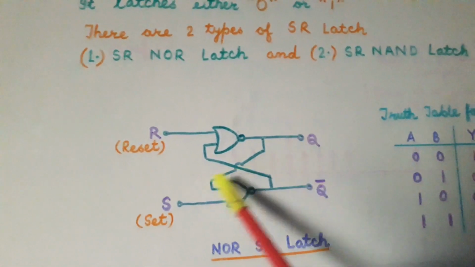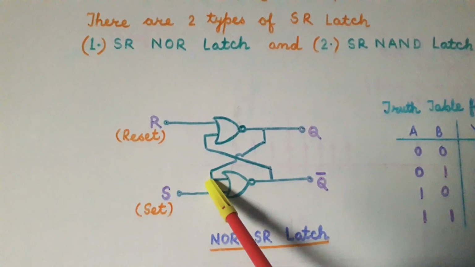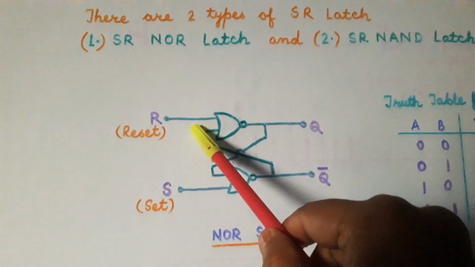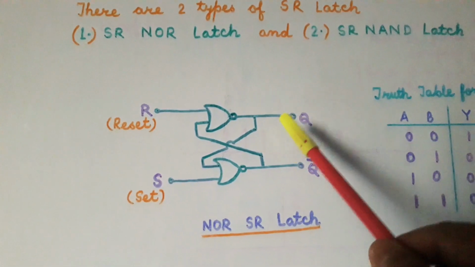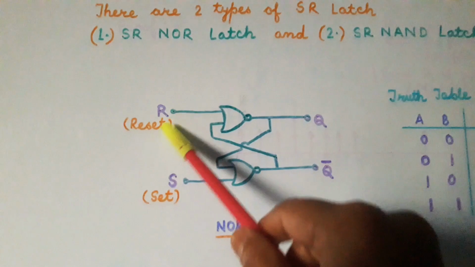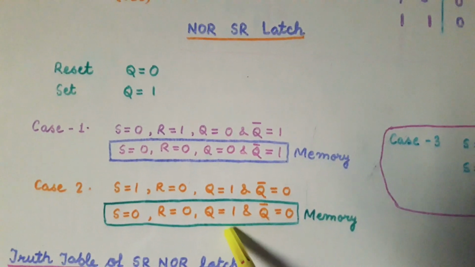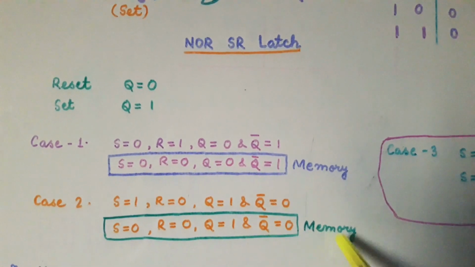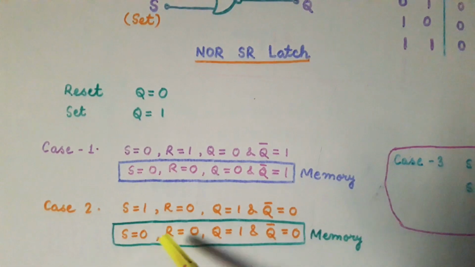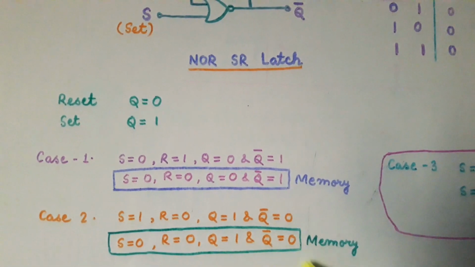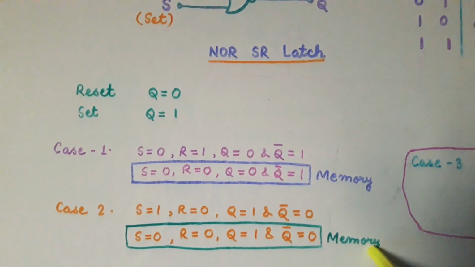Now this 1 is input to this NOR gate, so 0, 1 will again give 0. Now this 0 and 0 will again give 1. So we find that even when we have removed these inputs S and R, that is we have made them 0, we are getting the same output in this case also, that is we are getting the memory. That is, even when S is 0, R is 0, in this case again we are getting the previous value, that is we are getting the memory.